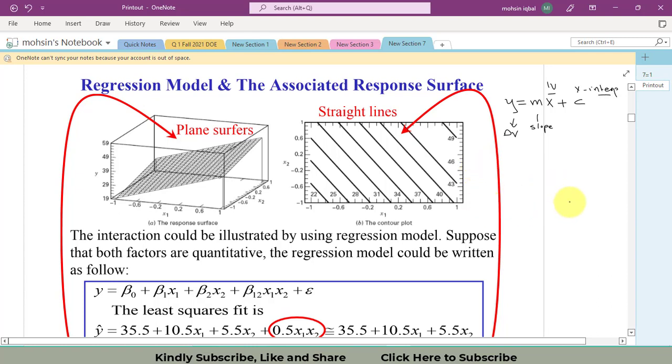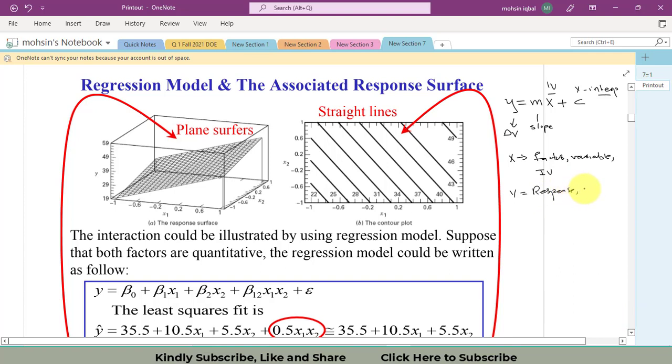We call x, our independent variable, our factor, or another word used is variable. X is our independent variable or independent factor, and y is our response variable.